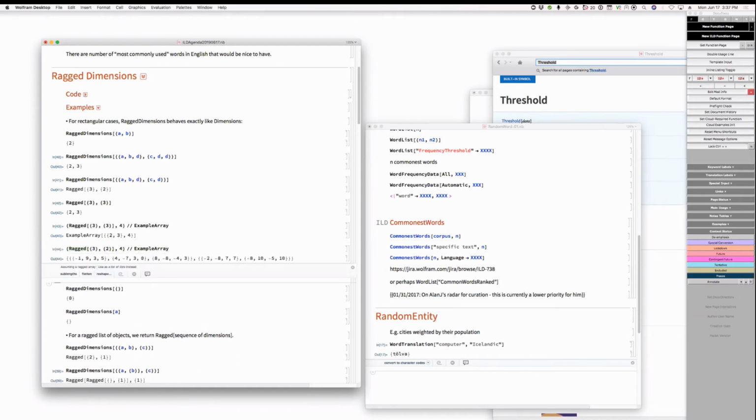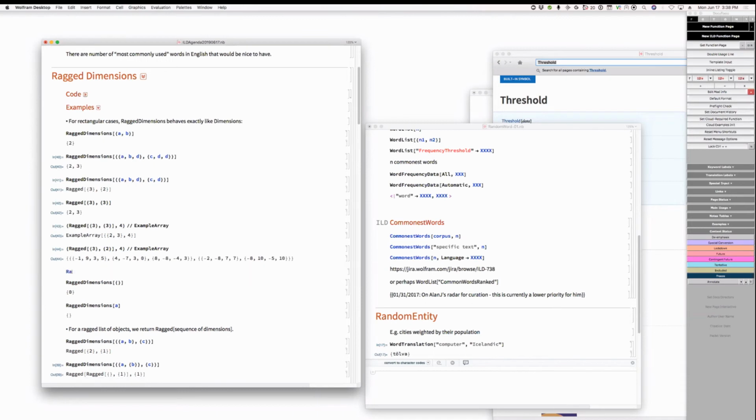So the point here is that we have a ragged array whose elements are actually all of the same dimensions. And so the idea of the tensor product here is still applicable.